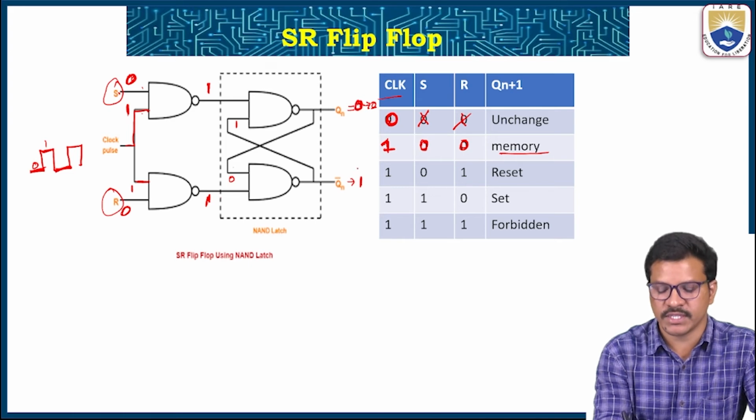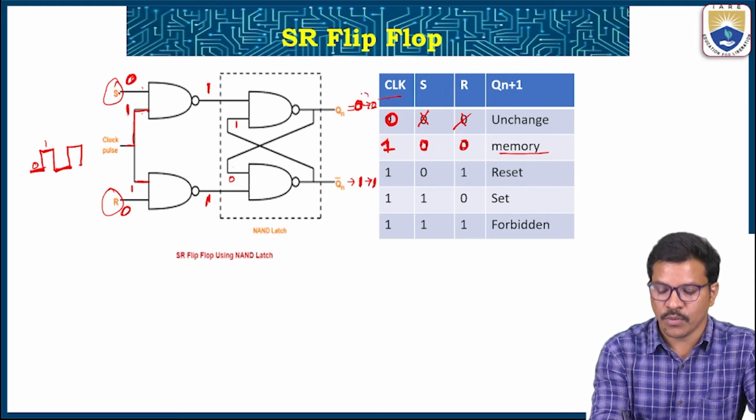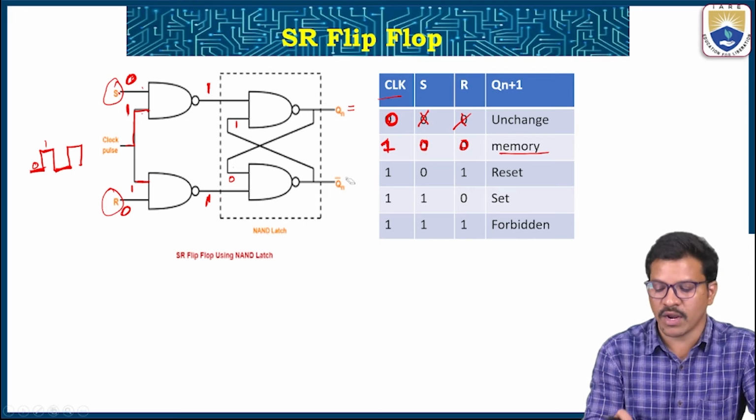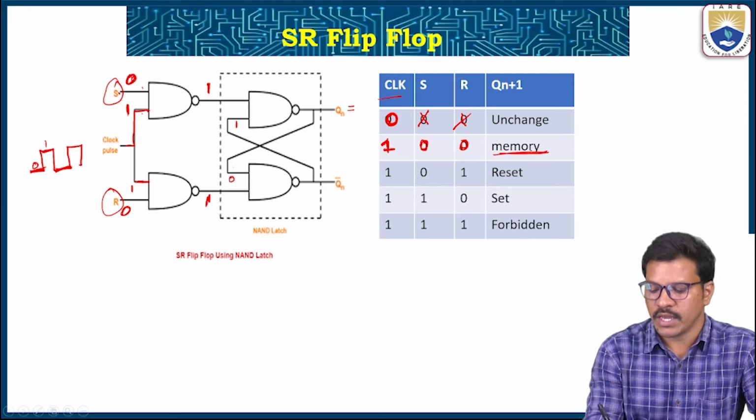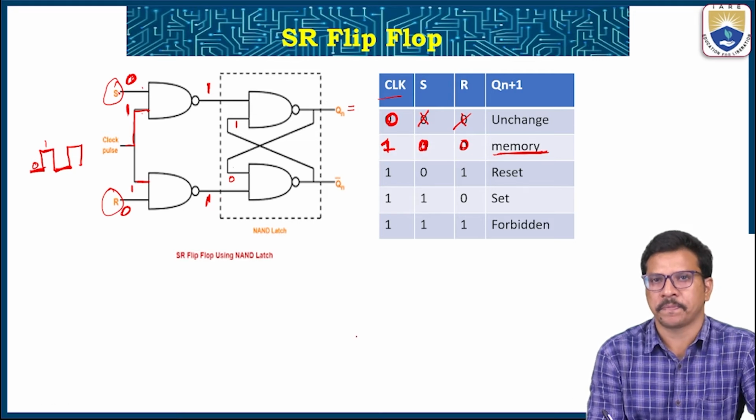Whenever this one is 0, this one is 1, again we get the logic 1 output. If you assume 1 instead, we get the same 1 output. So for the SR NAND flip flop, 0 0 output remains the same.